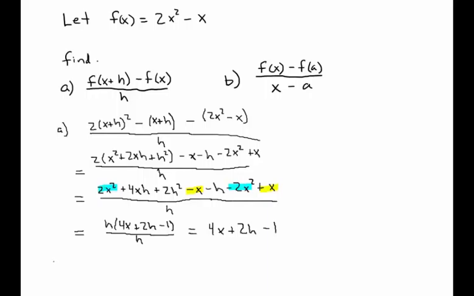And now in B, they want us to find f of x, which we already have, which is 2x squared minus x, minus f of a, which is 2a squared minus a, all divided by x minus a.